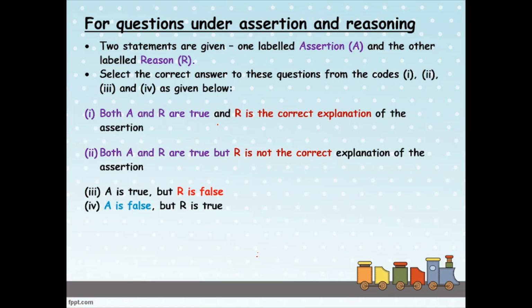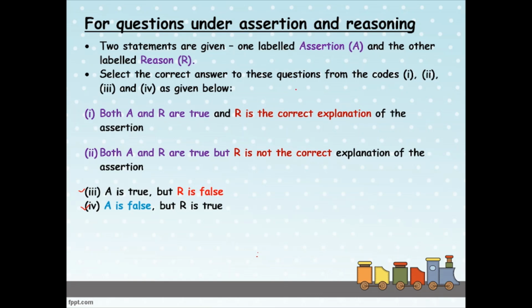So, in these four options, if you observe option 3 and option 4, any one of the given statements is false, right? So, if any one of the statements is false, directly we'll opt for option C or D. If both are true, we will check the connectivity between those two statements, whether the reason is supporting the assertion.